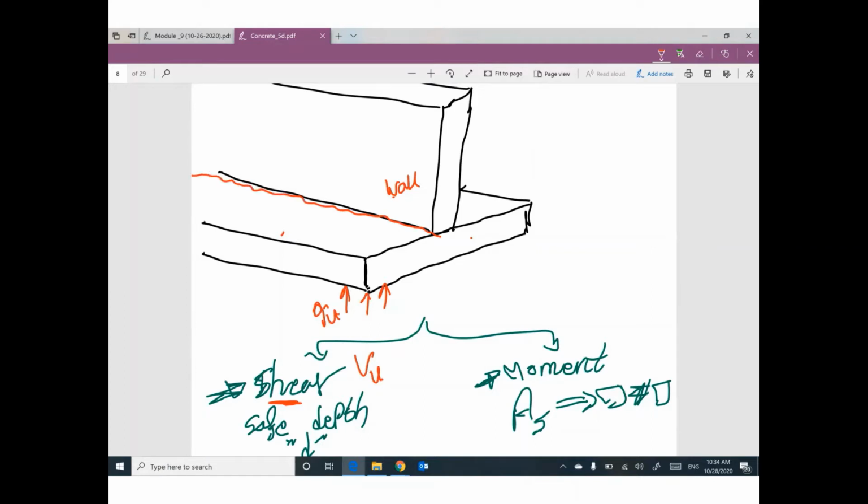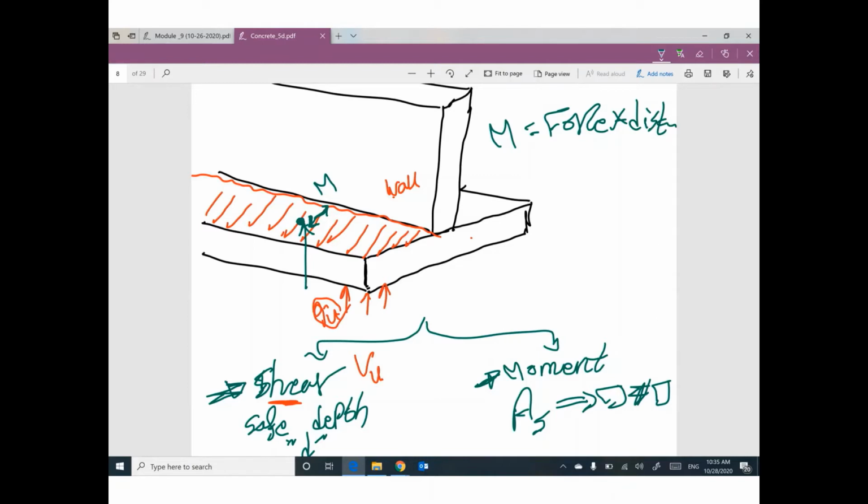So this area times Q ultimate can give you a force. This force is at the mid distance. So this force times this little distance can give you the moment. As you know, any moment equals force times distance. That makes sense.